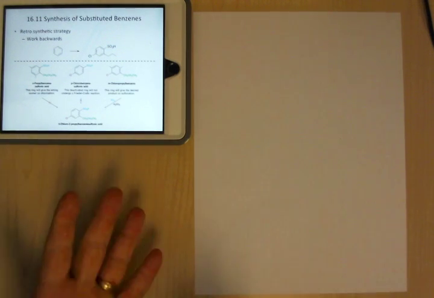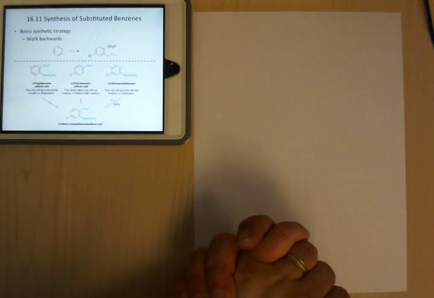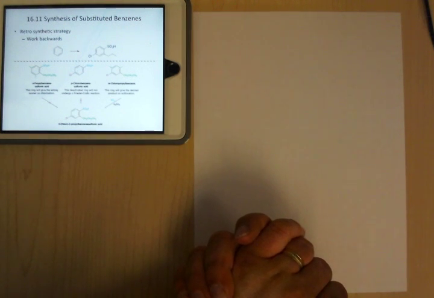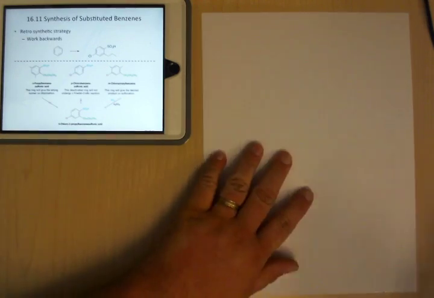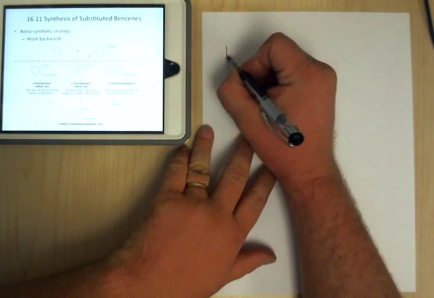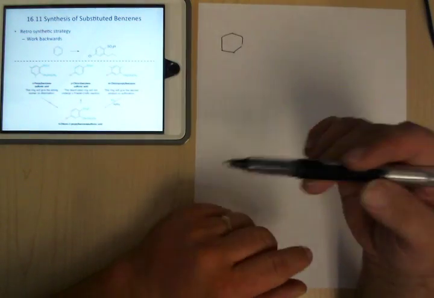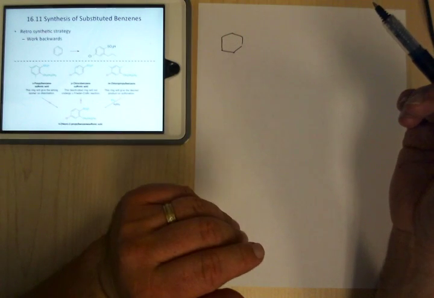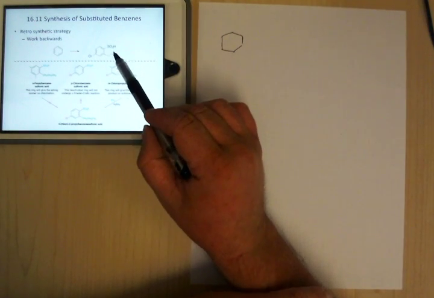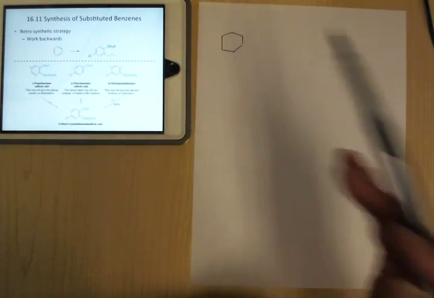We have to know the actual reactions, but we also have to know ortho-para directing. What we need to do is work backwards. We need these three groups to get put on there, so we're going to put on 1, 2, 3.